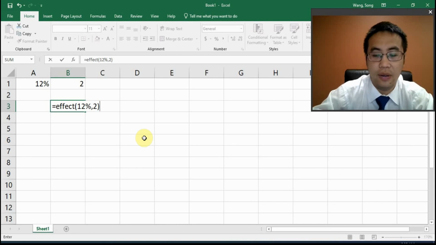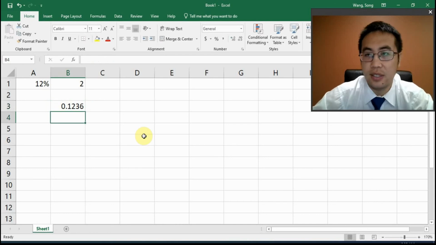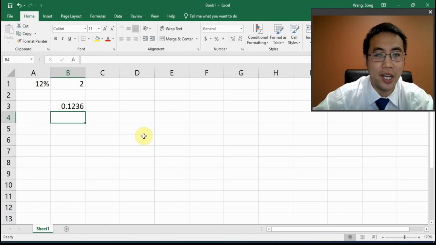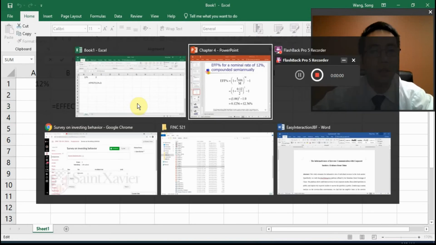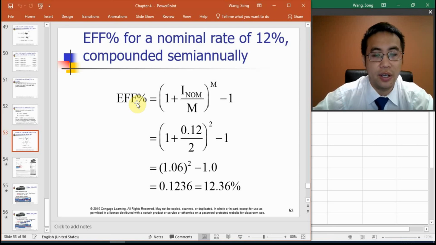And then you hit enter, and that's done. So you don't have to do multiplication or exponential calculation. You just need to use the EFFECT function, nice and easy. So what is really challenging here is to accept the idea that a higher frequency of compounding leads to a higher effective rate given the same nominal rate.